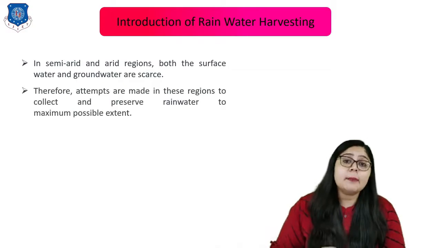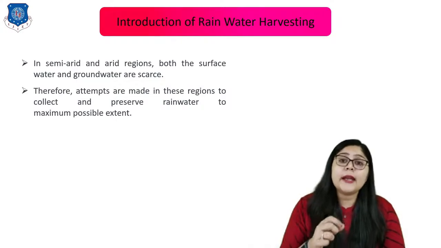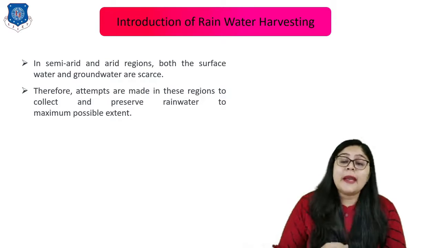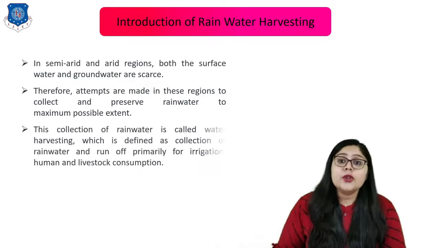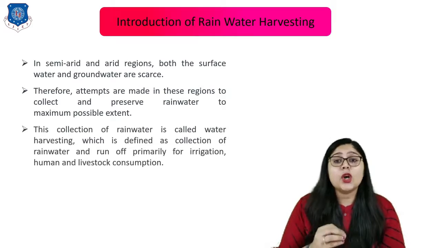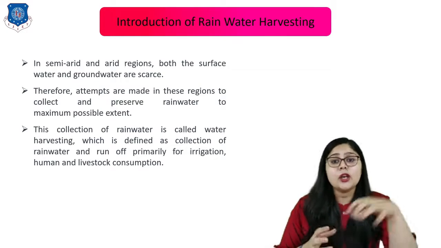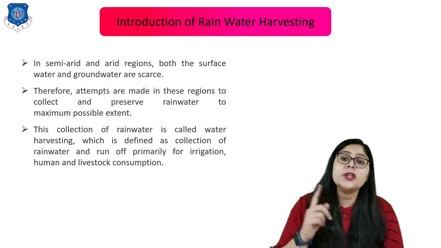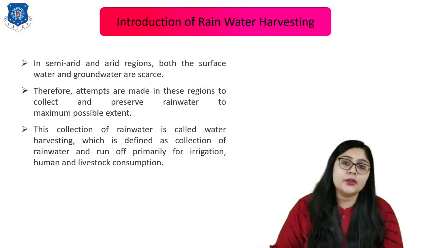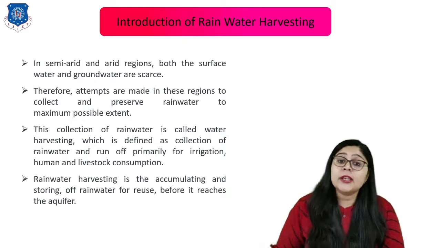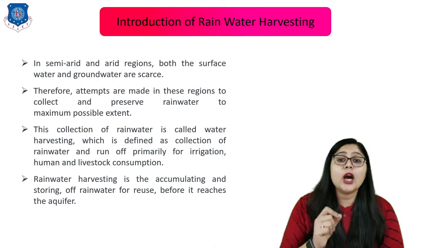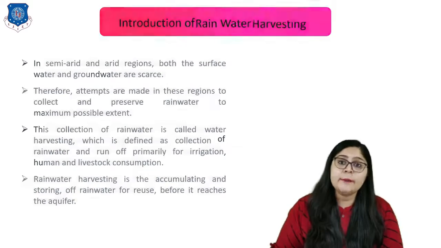So attempts are made in these regions to collect and preserve rainwater to the maximum possible extent. This collection of rainwater is called water harvesting, defined as collection of rainwater and runoff primarily for irrigation, human and livestock consumption. Rainwater harvesting is the accumulating and storing of rainwater for reuse before it reaches the aquifer.